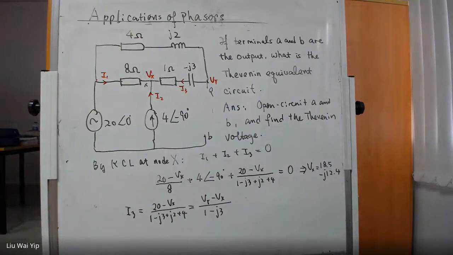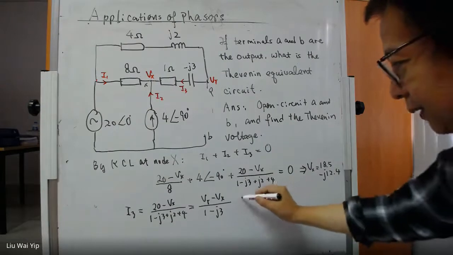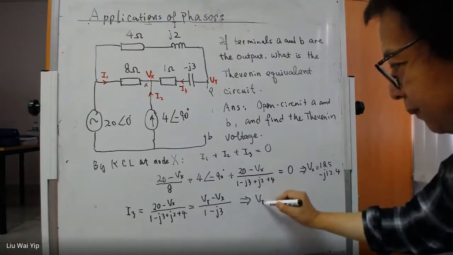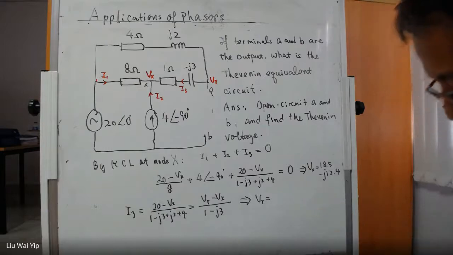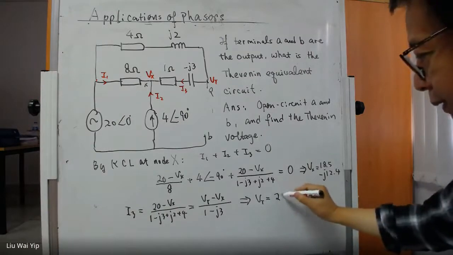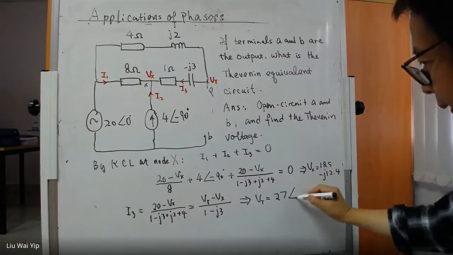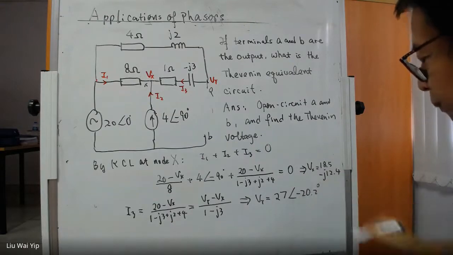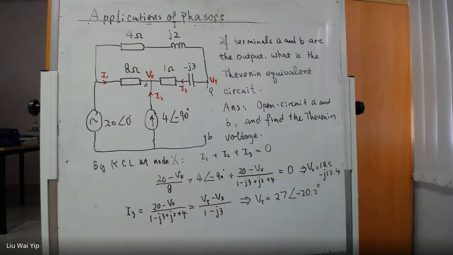And if we do it very carefully, then you will end up with Vt being equal to 27, and the angle is going to be minus 20.2. Now you have got the Thevenin voltage.